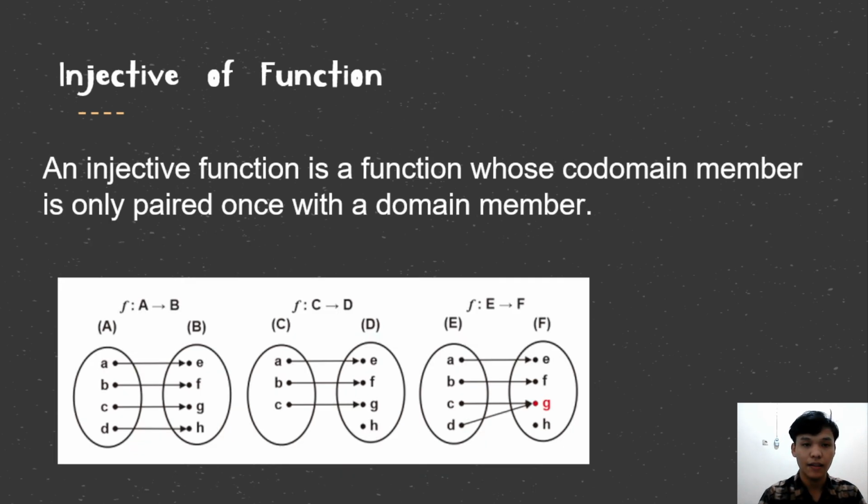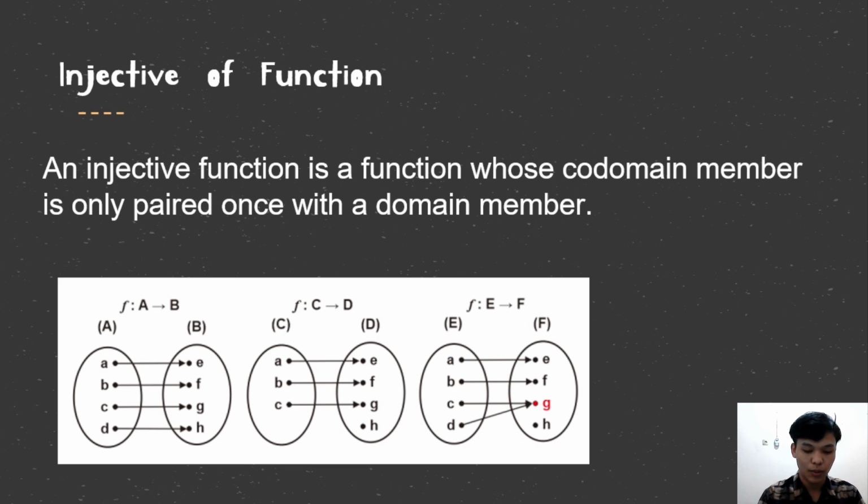Next is injective function. An injective function is a function whose codomain member is only paired once with a domain member. In the injective function, the members of the set of codomains might not have pairs, but all members of the codomain that are paired can only have one.